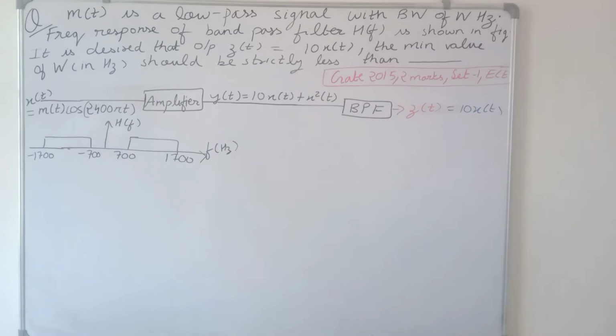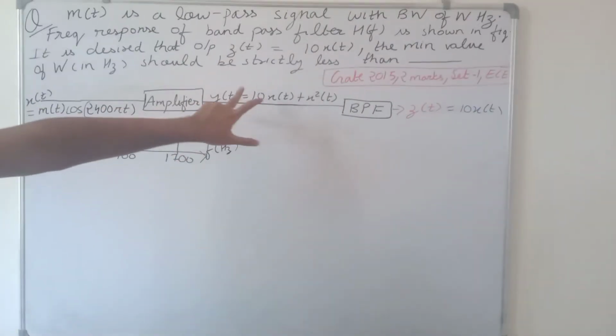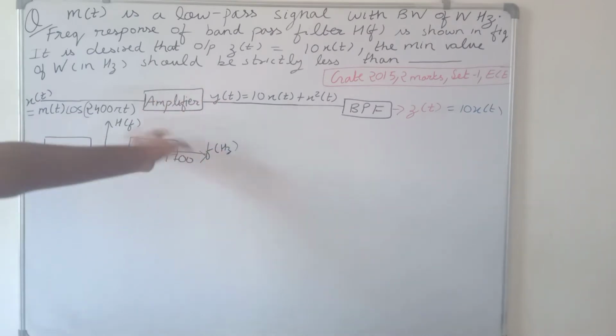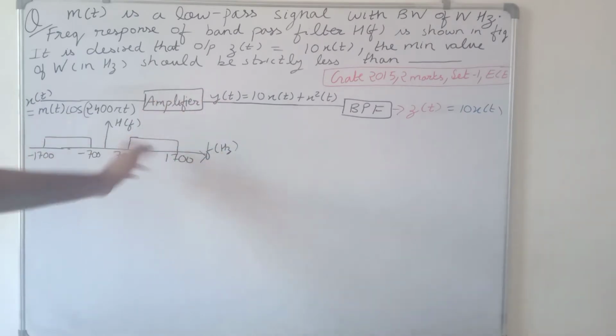If the frequencies of 10x(t) lie inside the pass band, then 10x(t) will pass, and if the frequencies of x square(t) lie outside the pass band, then that signal will be rejected, and we will get at the output z(t) equal to 10x(t).